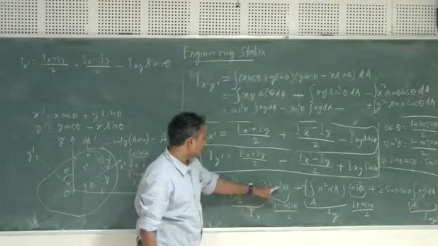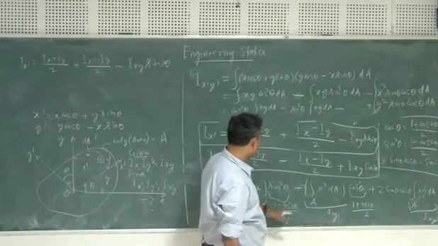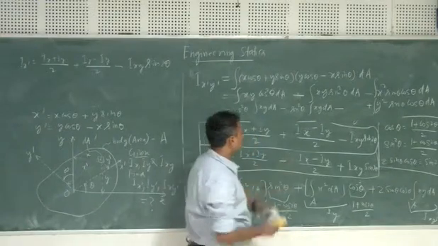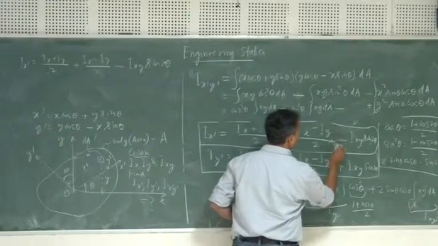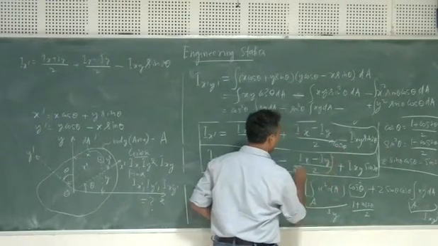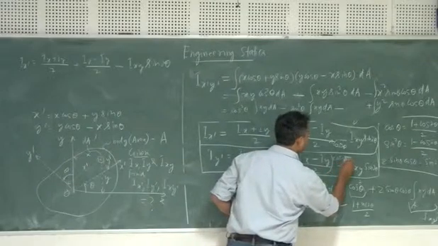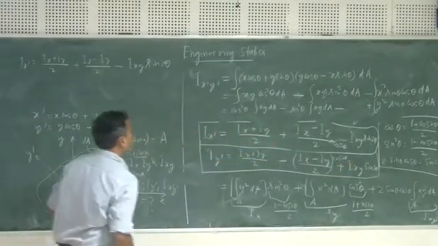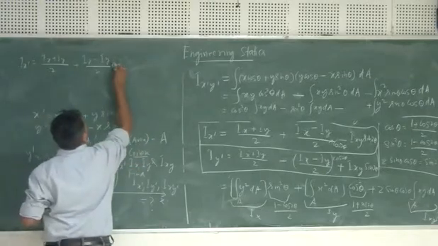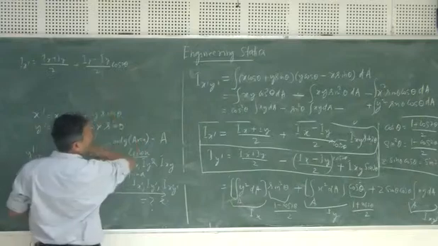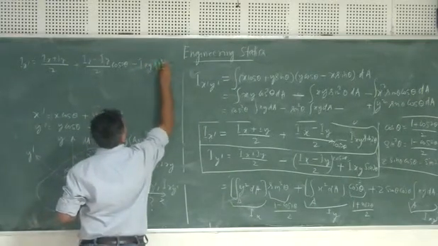Here you can see that sin square theta is this, cos square theta is this. So cos 2 theta has to be also considered by the whole thing with cos 2 theta, again cos. So I will write here the correct statement: cos 2 theta minus y sin 2 theta.